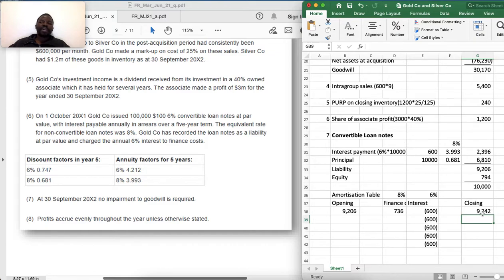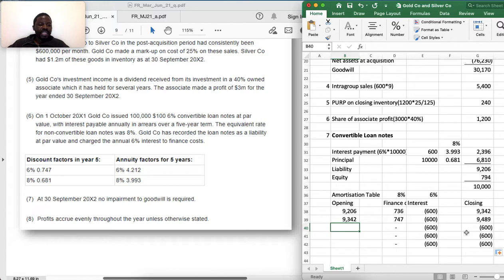This will be the figure of the liability that needs to be shown at the end of the year if we are doing the statement of financial position. But in this instance, we are not doing the statement of financial position. Now we'll simply say 9342 as our opening for the following year. Then we can also copy the formula down here so that at least it will work faster.